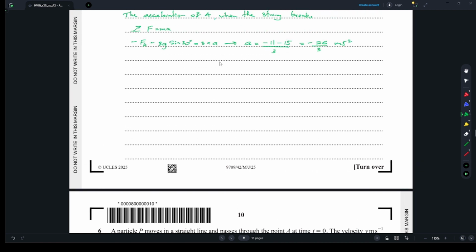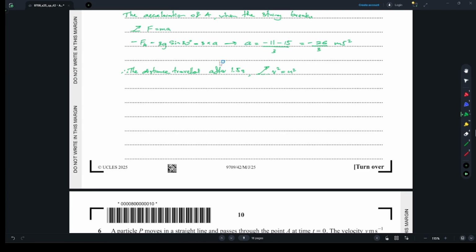And so the distance traveled after 1.5 seconds, or after the string is broken. We know the initial and we know the final velocity because it stops. They are asking for the instantaneous stop.